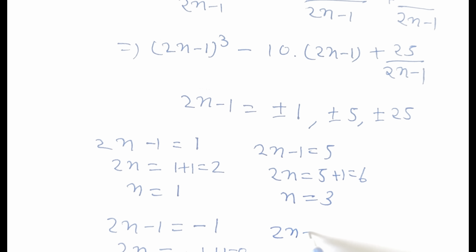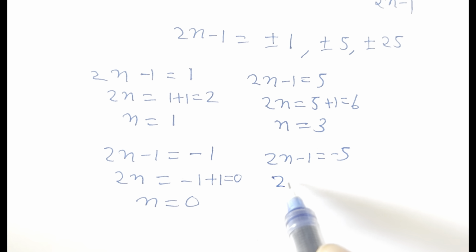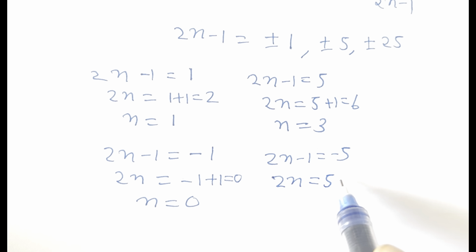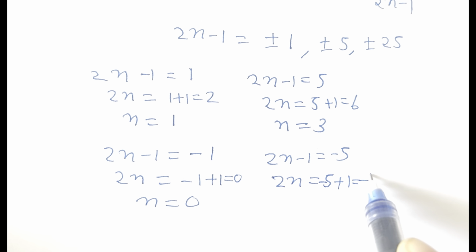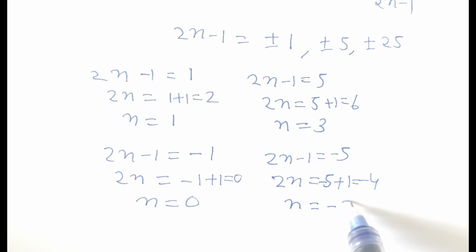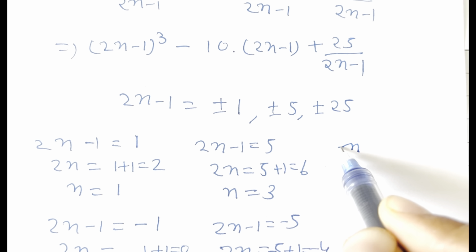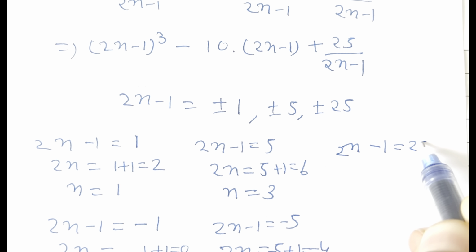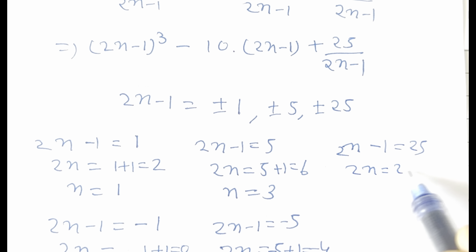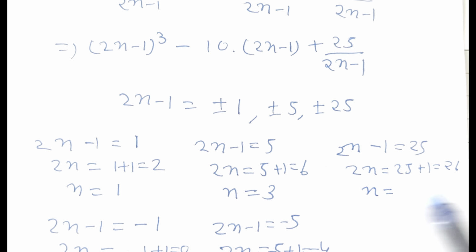When 2n − 1 is equal to −5, then 2n will be −5 + 1 which is −4, and n will be −2. Then 2n − 1 is equal to 25, 2n will be 25 + 1 which is 26, so n is 26 divided by 2, 13.